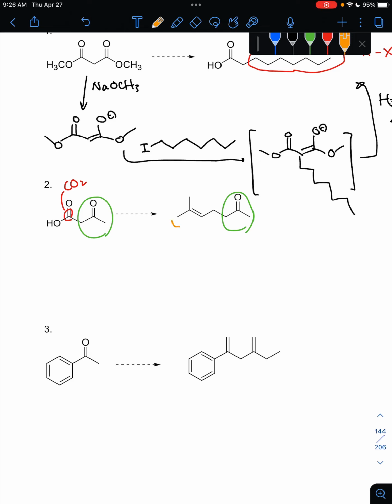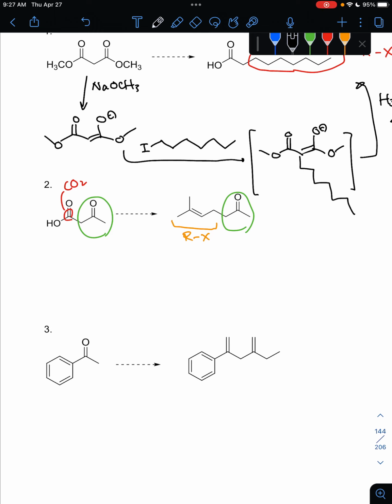So we need to introduce this portion of the molecule as some sort of alkyl halide. And this would be great too, because this is the carbon that would have had the leaving group, and that would be an allylic leaving group. Remember from the previous chapters that allylic halides are particularly good at SN2 reactions. So this is a really nice setup.